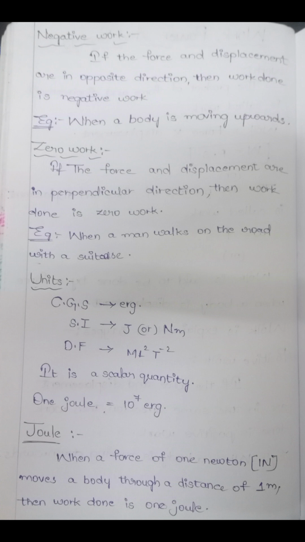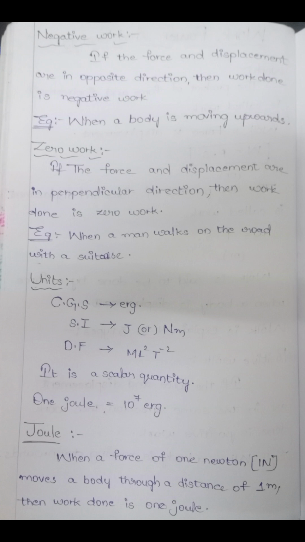If the force and displacement are in perpendicular directions, then the work done is zero work. When a man walks on a road with a suitcase, the body is the suitcase. The force acting on the body, that means the suitcase, is downwards and the suitcase is moving horizontally, so they are perpendicular to each other. This is zero work.